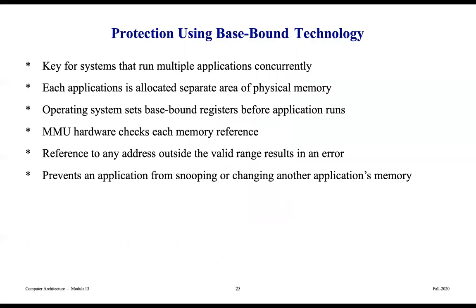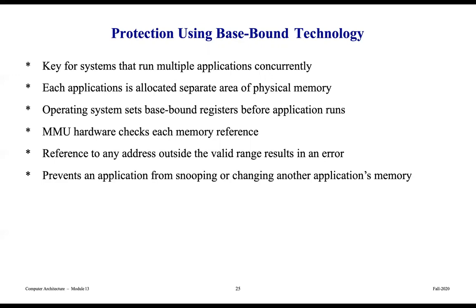What about protection using base-bound technology? It is key for systems that run multiple applications concurrently. Each application is allocated separate areas of physical memory. The operating system sets base-bound registers before the application runs. The MMU hardware checks each memory reference.